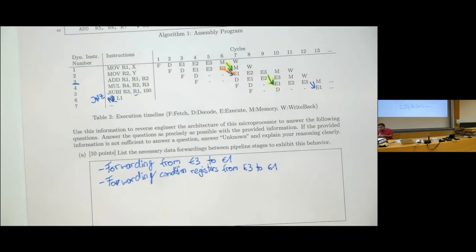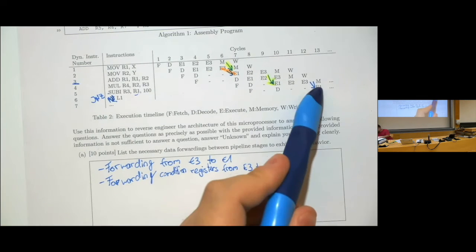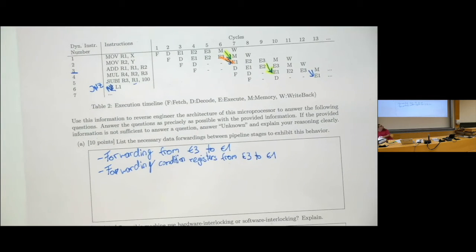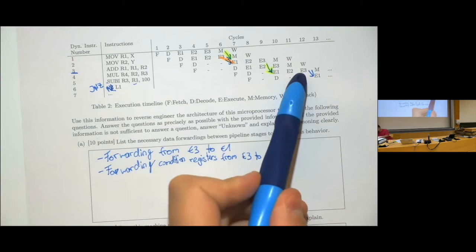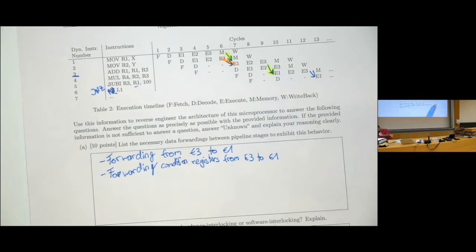Yeah, the reason we see this is that the execute stage 1 of jump not 0 starts the next cycle after we got the subtraction result. Okay, so that's question A. Is there a question to here?